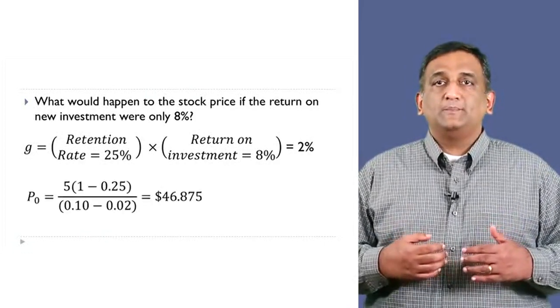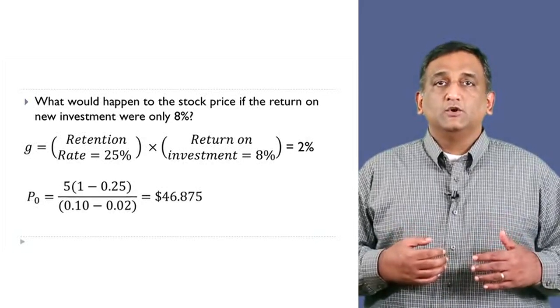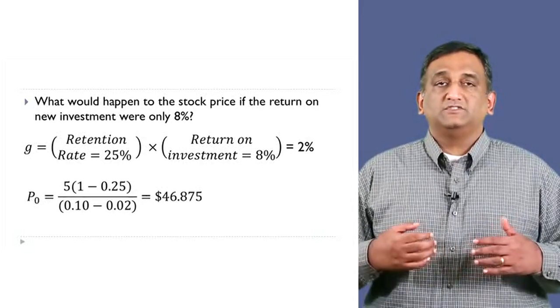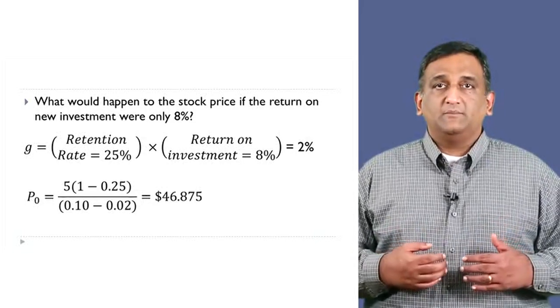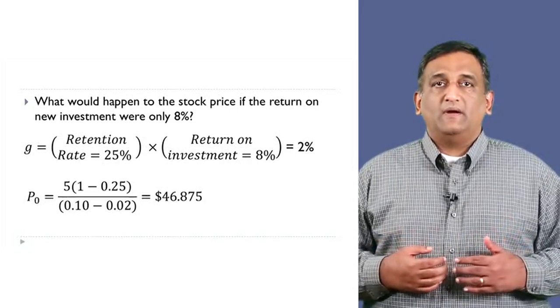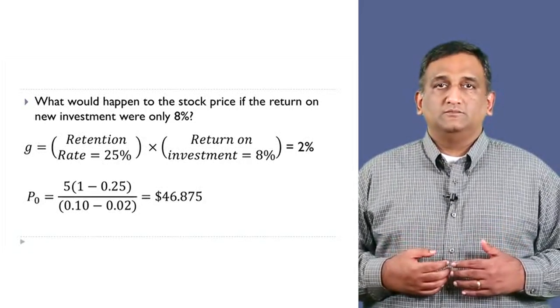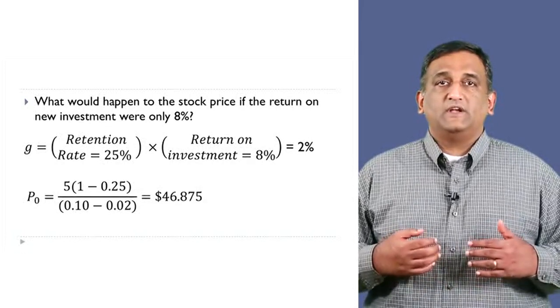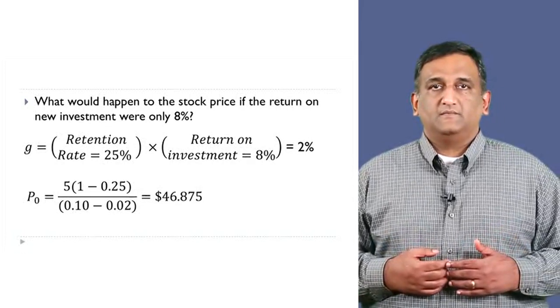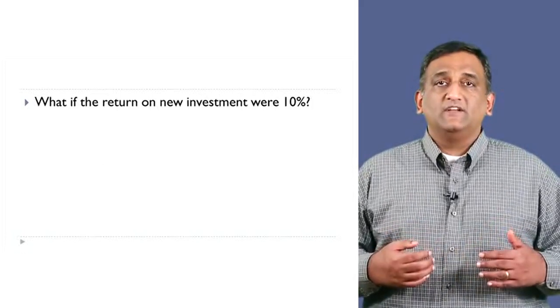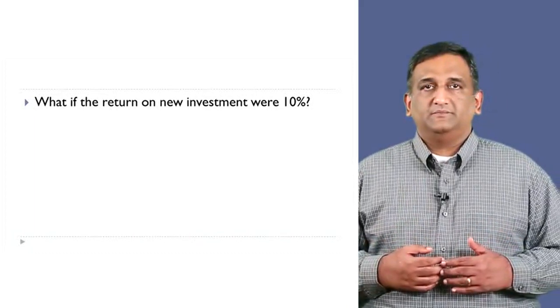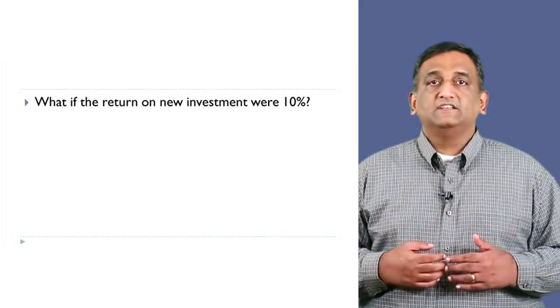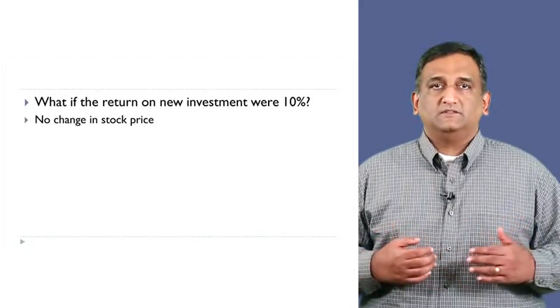The stock price today, P_0, would be the reduced dividend of 5 times (1 minus 0.25) divided by (0.10 minus 0.02), which comes to $46.875. What if the return on new investment were 10%? You can verify that this would not change the stock price.